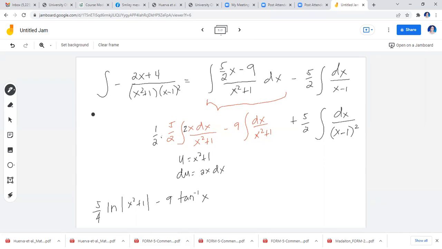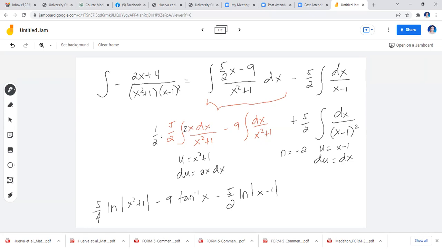Now this is our third term. Another ln, so I'll have 5 halves ln of x minus 1. What about this? If your u here is x minus 1, your du is dx. Your n is equal to negative 2.